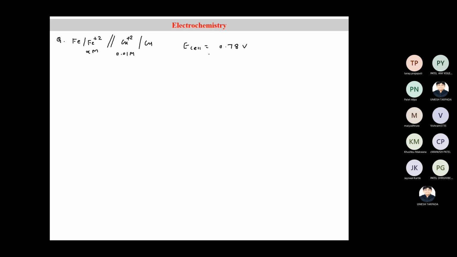E cell is also given. Reduction potential of both is given. Tell me which is anode and which is cathode? Fe is anode, sir. Cu is cathode.